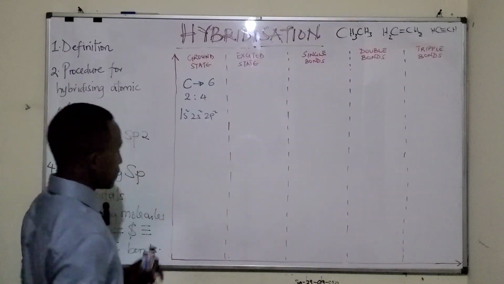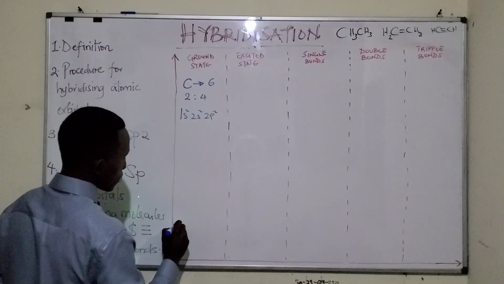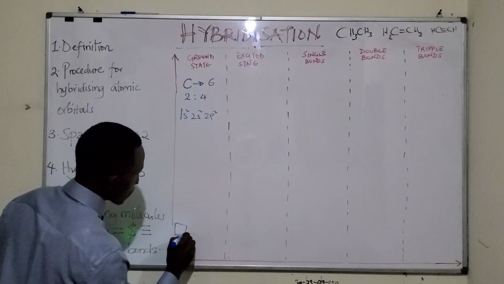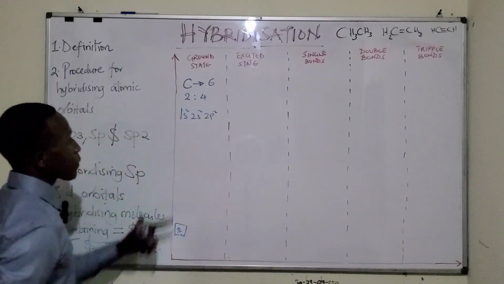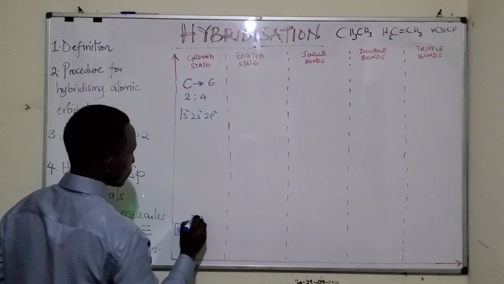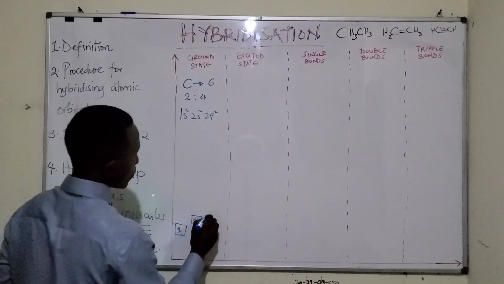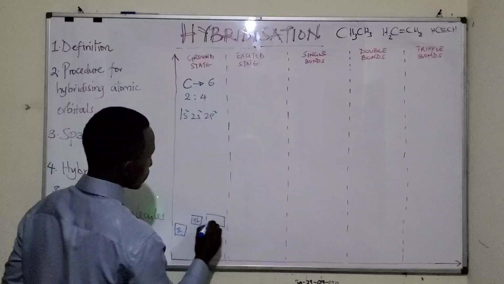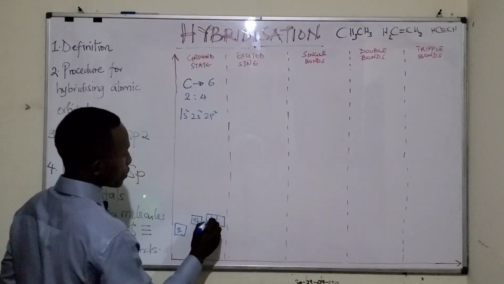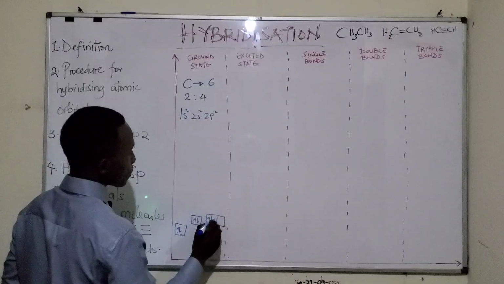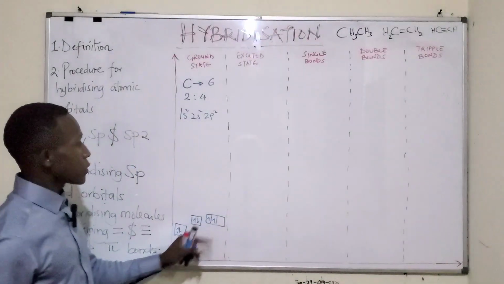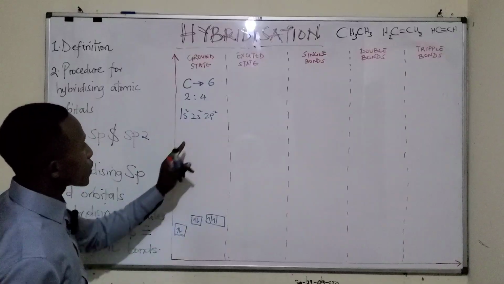At ground state, carbon has this 1s2, then 2s2 and 2p2. But in 2p, we have only 2 electrons. One orbital is empty. So this is the ground state.